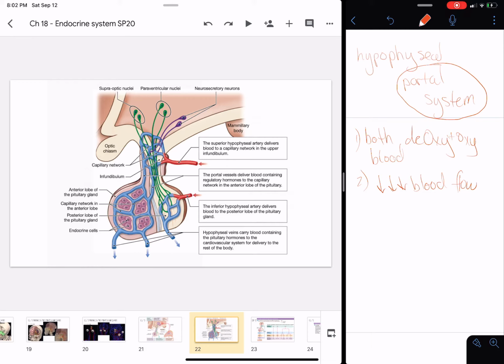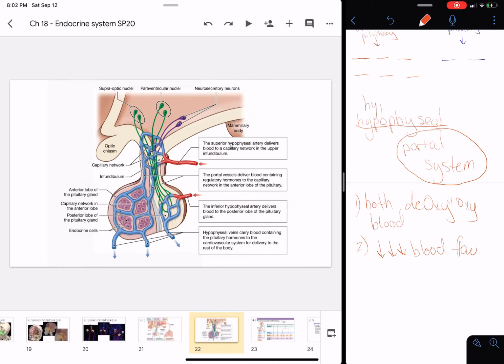So we're going to slow down the blood as much as possible, allow for as much hormone to dump into the blood as possible, and then we'll allow the blood to leave and go to wherever it needs to go. Okay, so here we have the hypophyseal. So hypophysis is another word for hypothalamus.